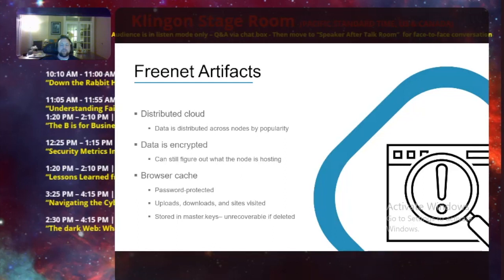But if they really want to, they can. So there are Python scripts. You can go to Google and search something like Python Freenet decryption. And there's some stuff out there that will allow you to see, if you're running Freenet, what is running on your node.